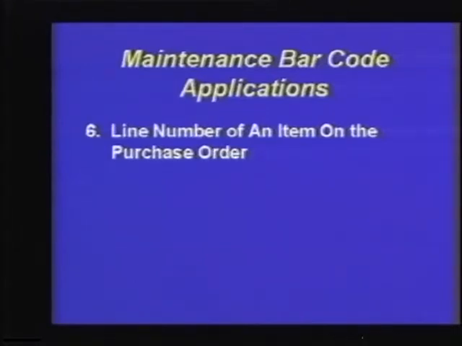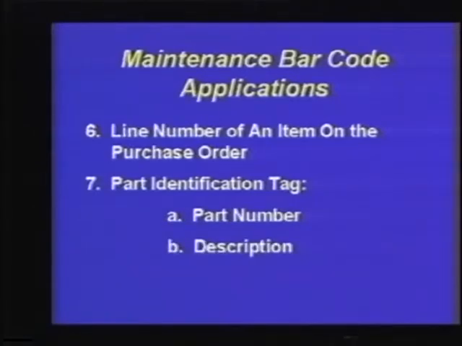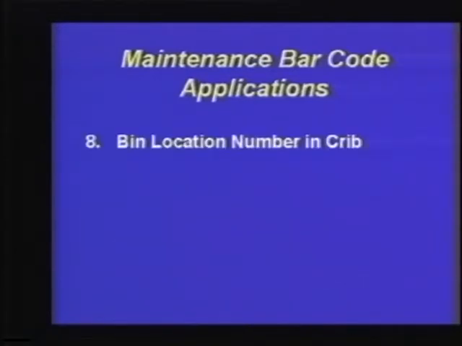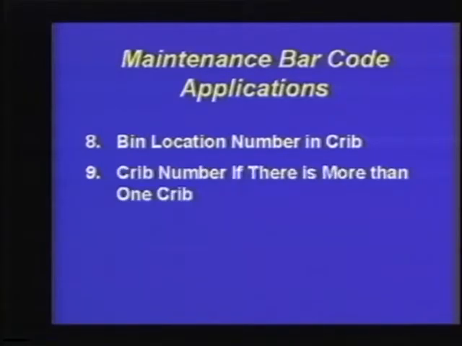You could also develop identification tags through barcode application, which would address the 3 data elements that we've been talking about: the part number, the description, and the unit of measure. The bin location number in the crib is a standard, which is identified as 8. Item 9 is the crib number if there's more than 1 crib or more than 1 storeroom.